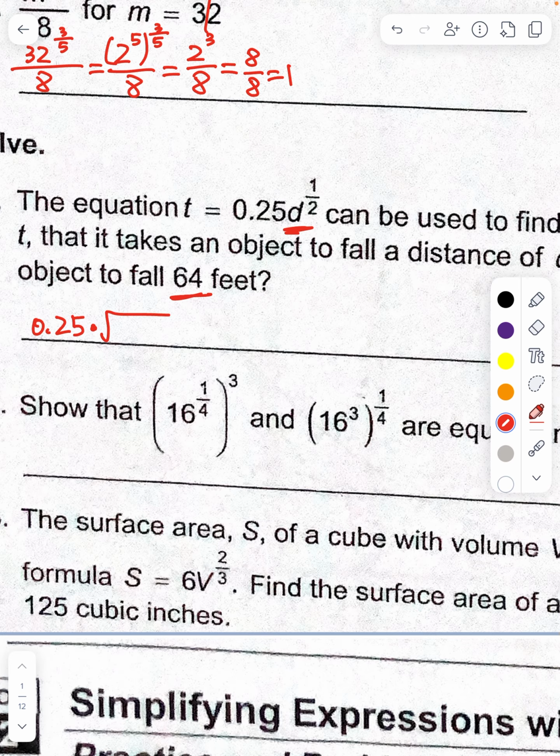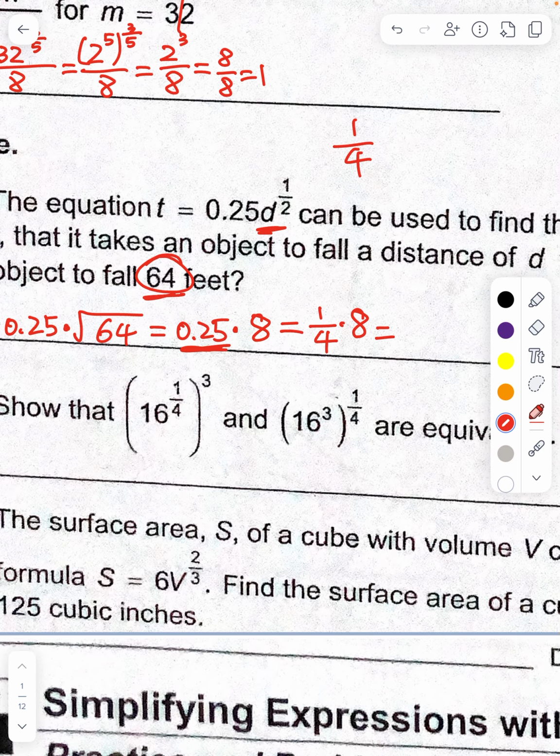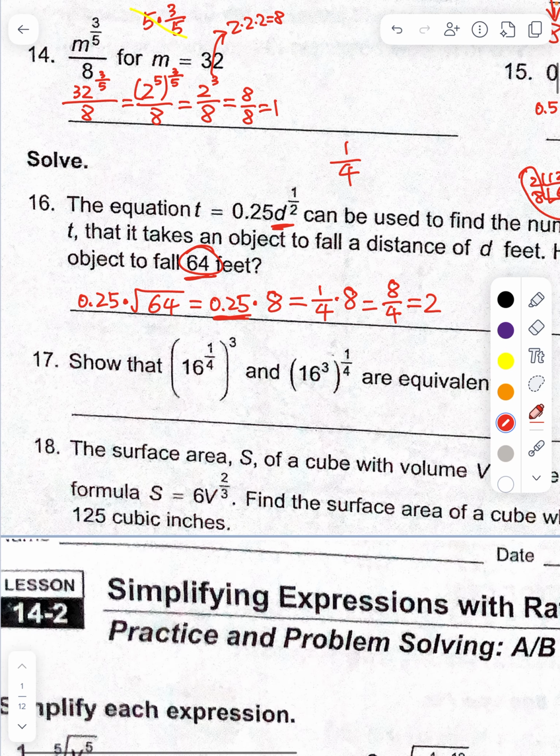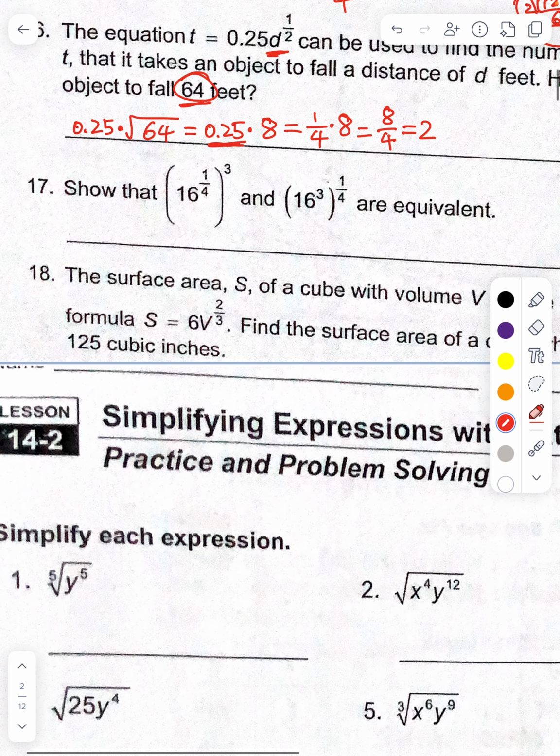That means the square root, right? And then we replace d by 64. 0.25 times square root 64, that's just 8. 0.25, that's just a quarter, right? A quarter times 8. So 8 goes to the top. 1 times 8 is 8. 8 divided by 4, that's 2. Just 2 seconds, right? When something falls from the sky, it's quick, right?